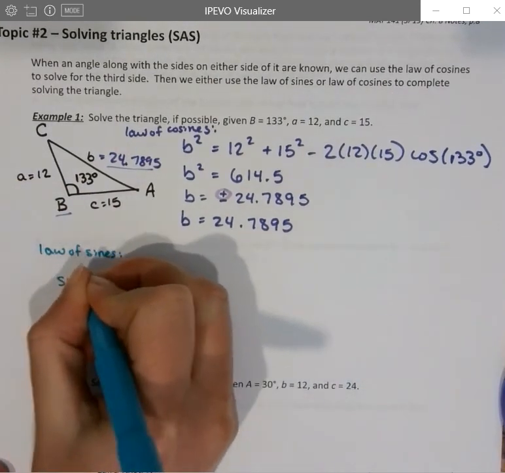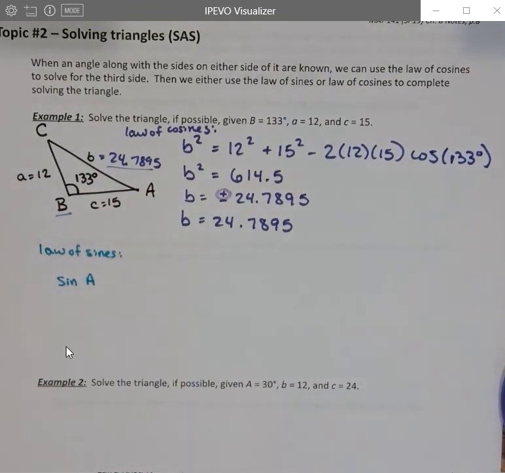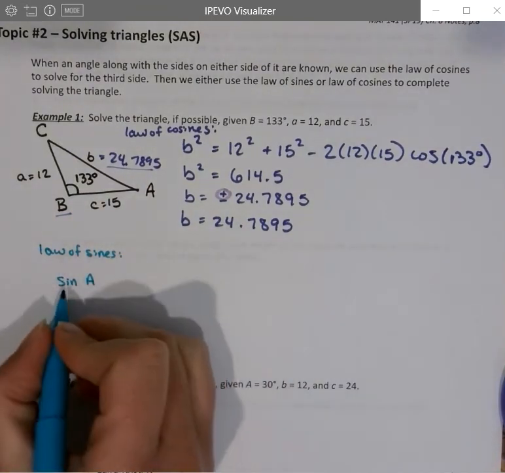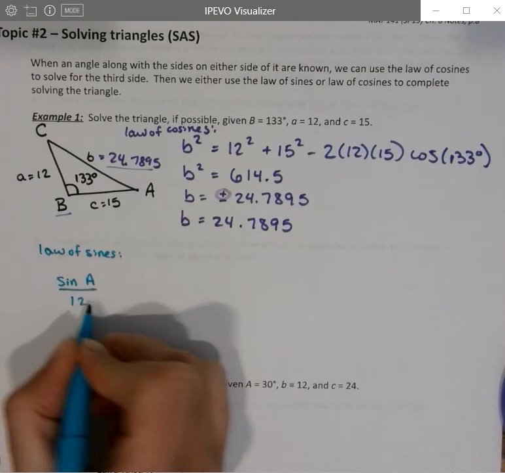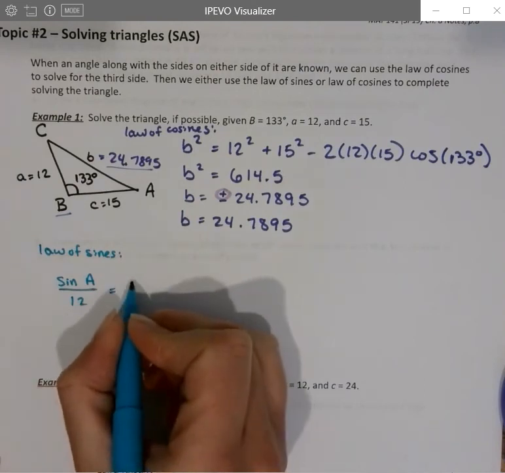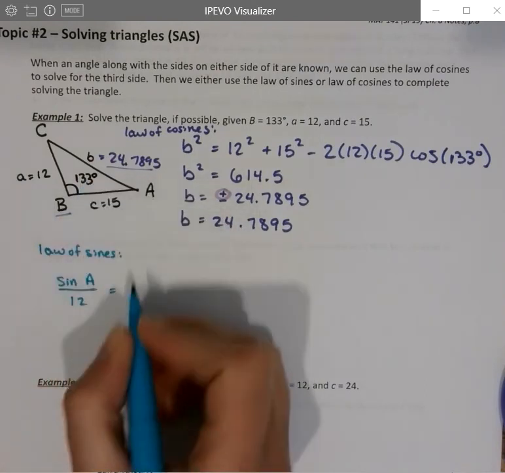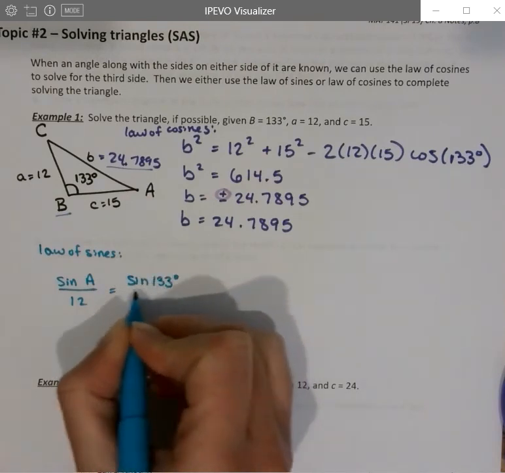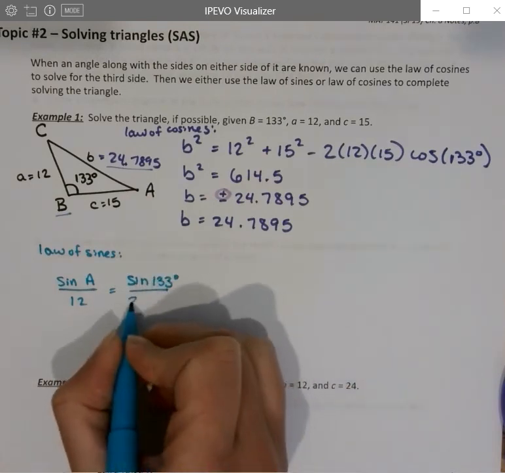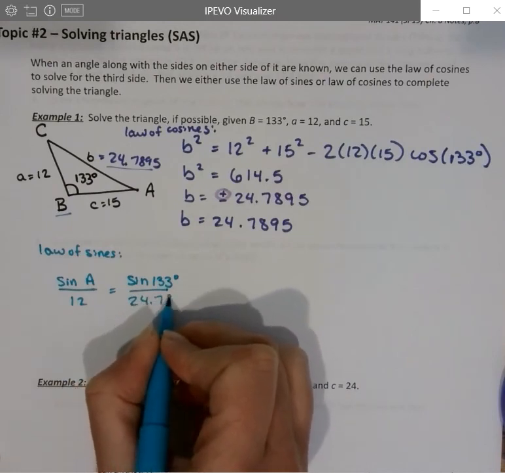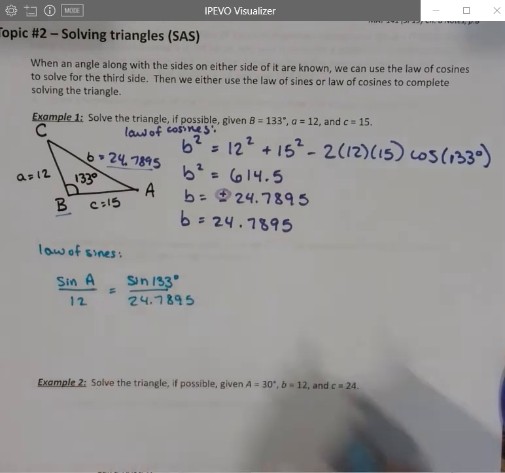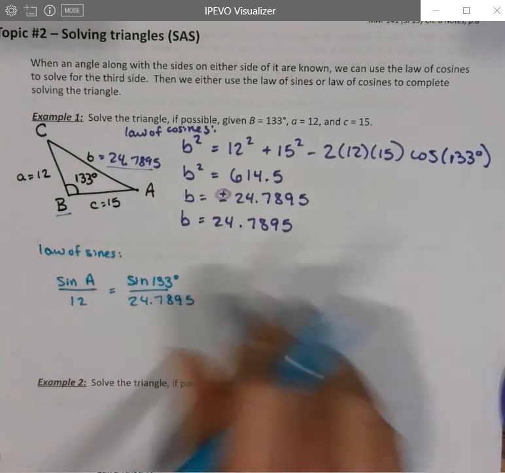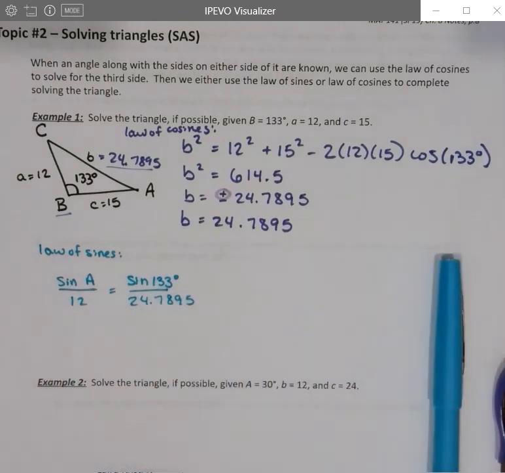So we'll have the sine of a over side A, which is 12, equals sine of B, and B was 133, so sine of 133 degrees over side B, which is our 24.7895. And then if I multiply both sides by 12, we'll get the sine A by itself.